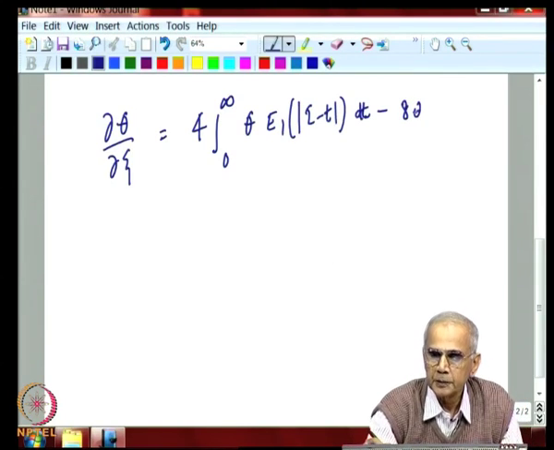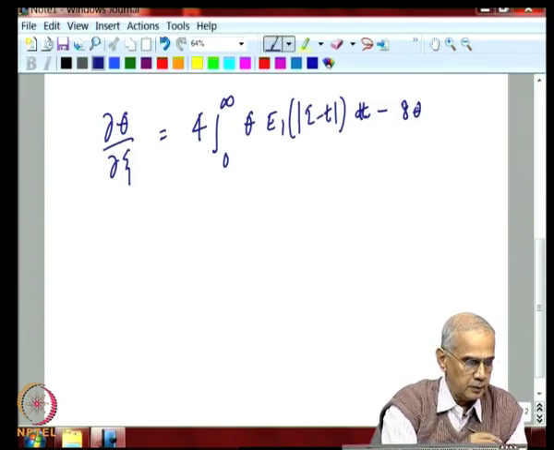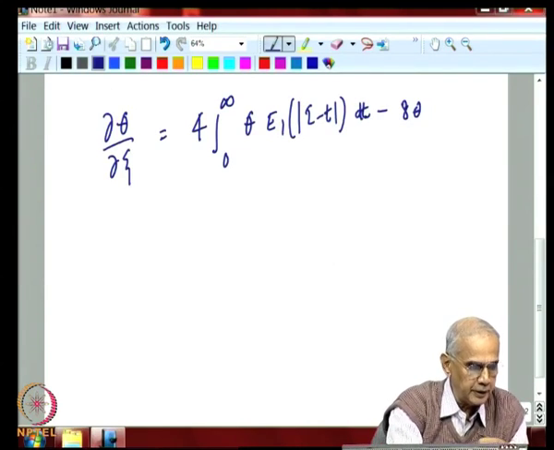This expression was obtained by linearizing the radiative transfer equation and differentiating it.